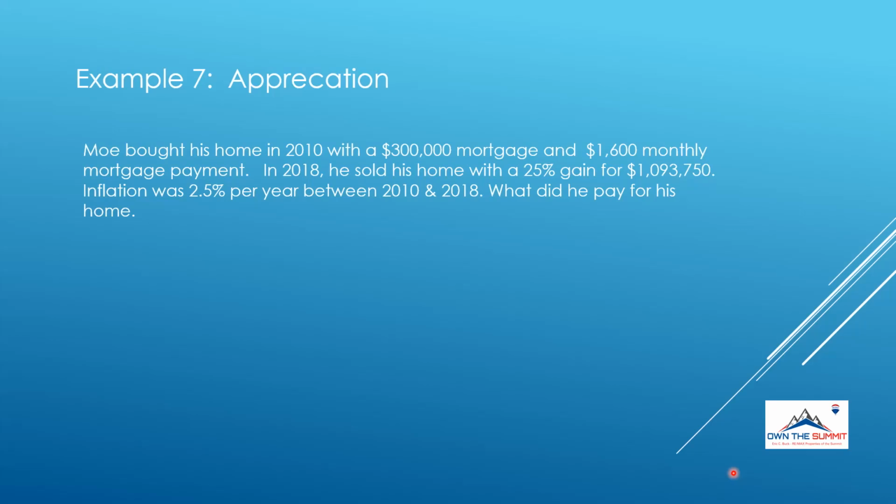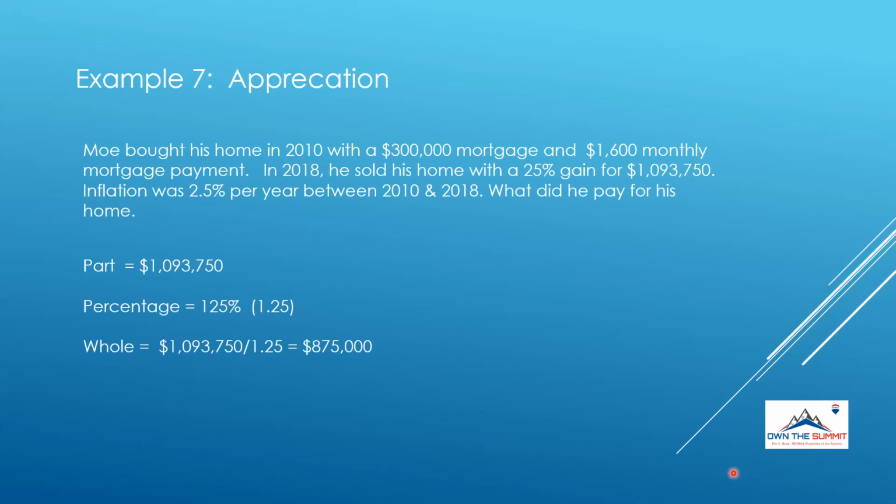Well, the part in this case is going to be what he sold his home for, the $1,093,750. What percentage is that? Well, it's going to be everything he paid for the home plus a 25% gain. So his percentage is 125%.